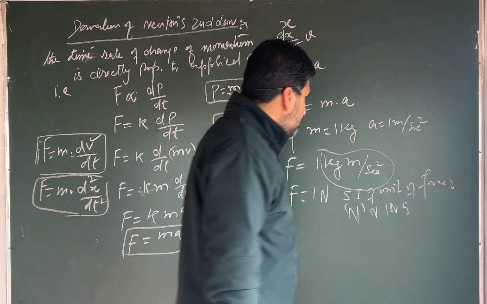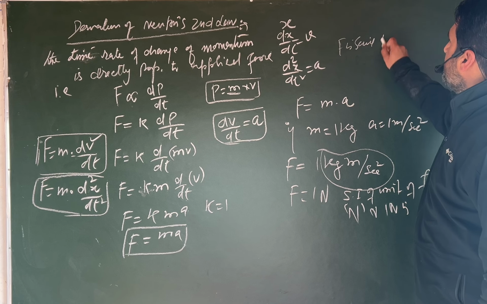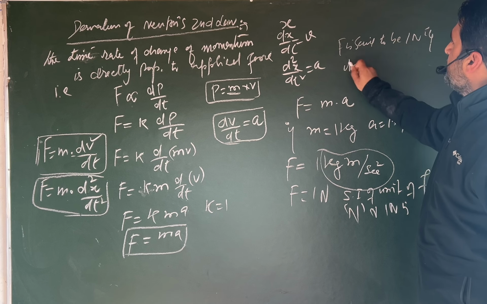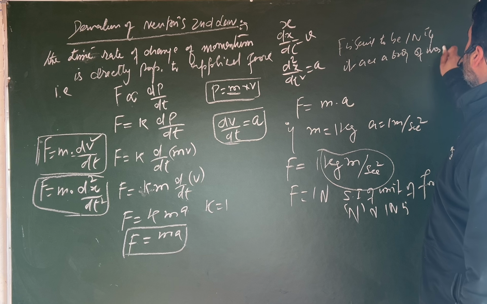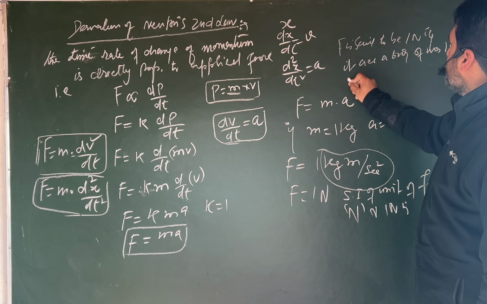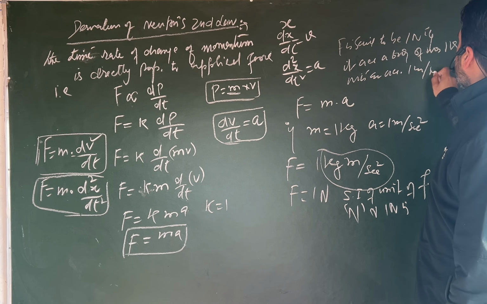Or you can say the force F is said to be 1 Newton if it accelerates a body of mass 1 kg with an acceleration of 1 meter per second square.